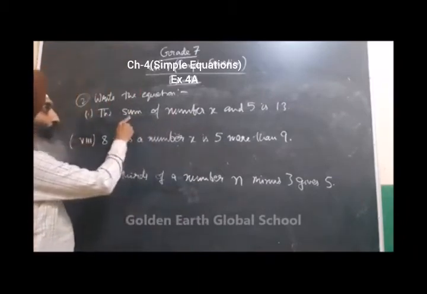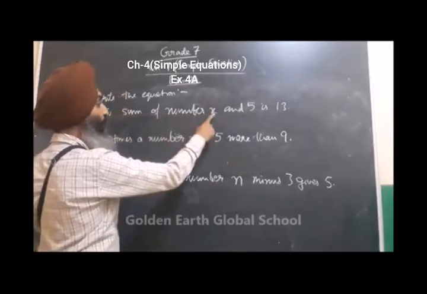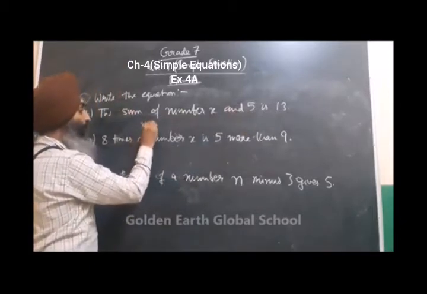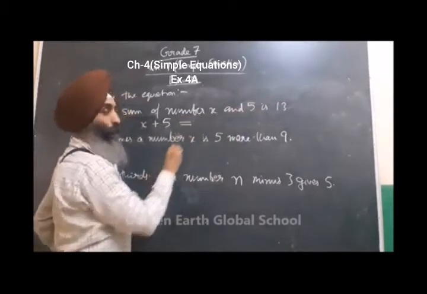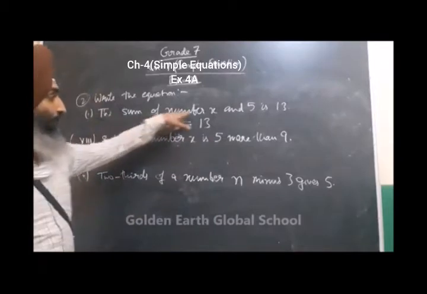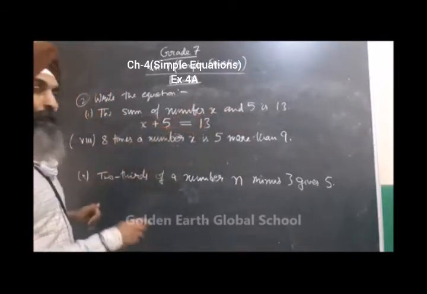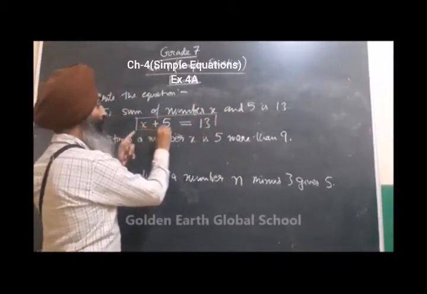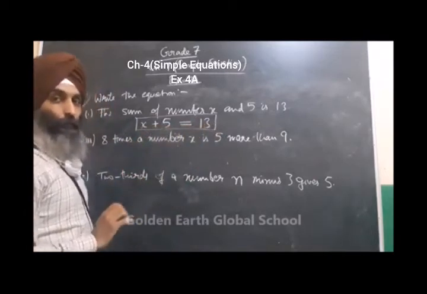The sum means plus, of what? x and 5. So sum means x plus 5 is equal to 13. So you have to make the equation numerical-wise from the English statement. Understood how to do this?